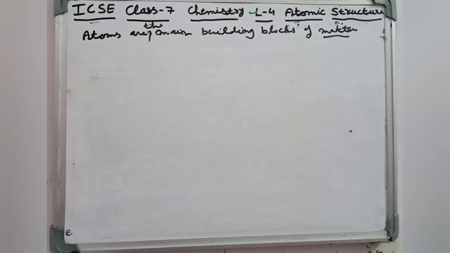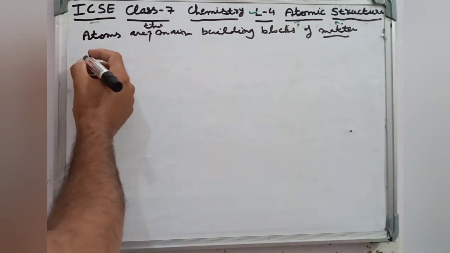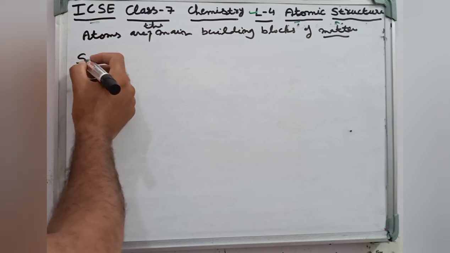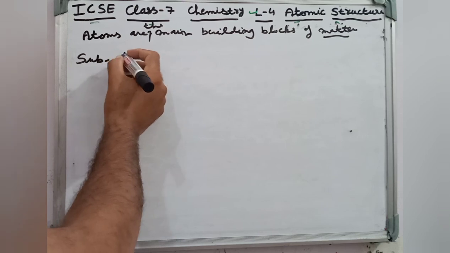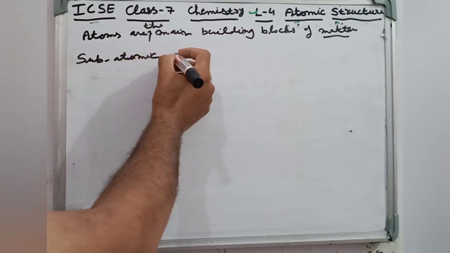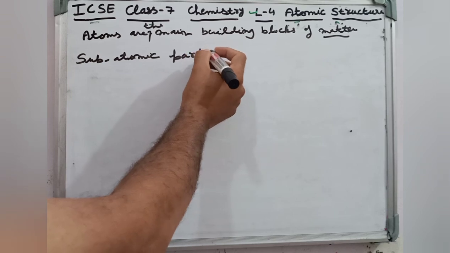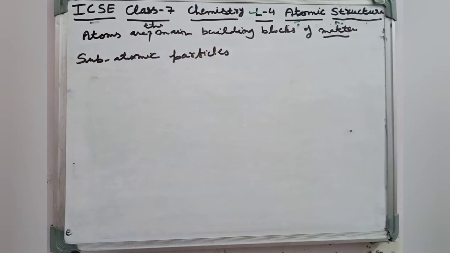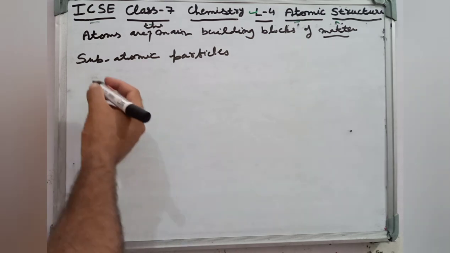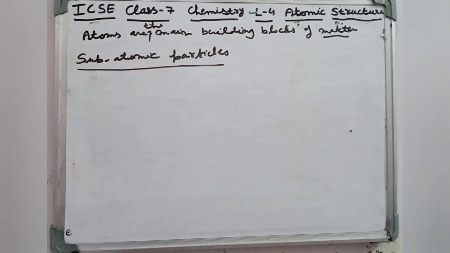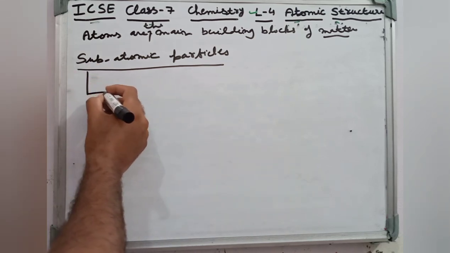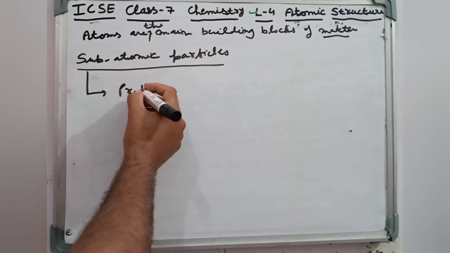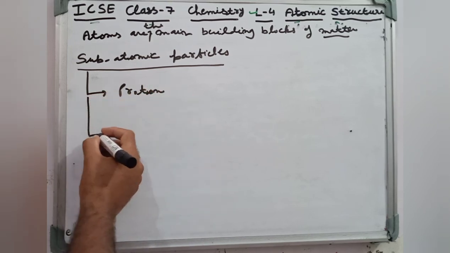Now, there may be tinier particles in the atoms. They are called subatomic particles, as I have told you earlier. Is there any name for these subatomic particles? Yes, number one is protons, second one is neutrons.